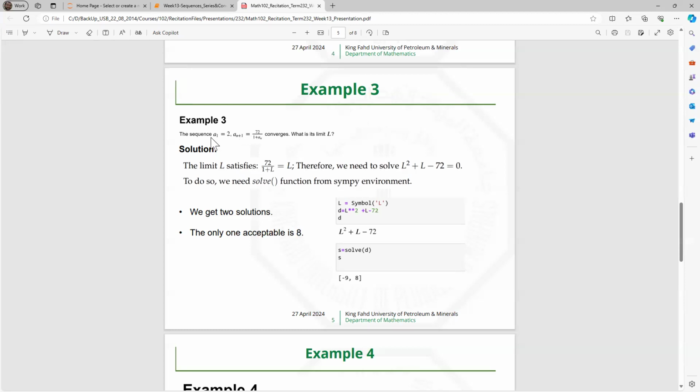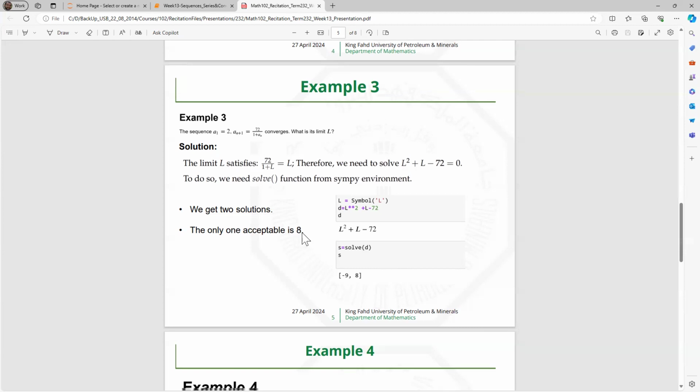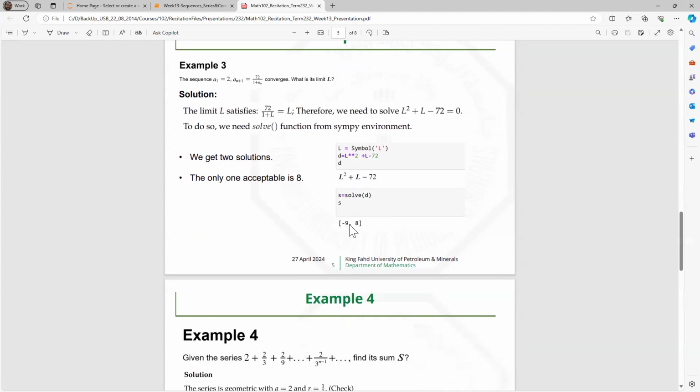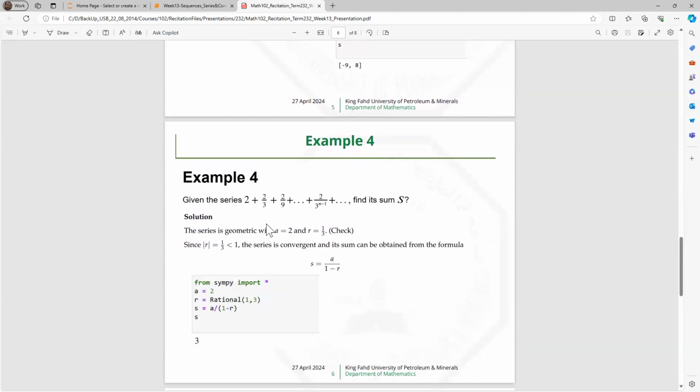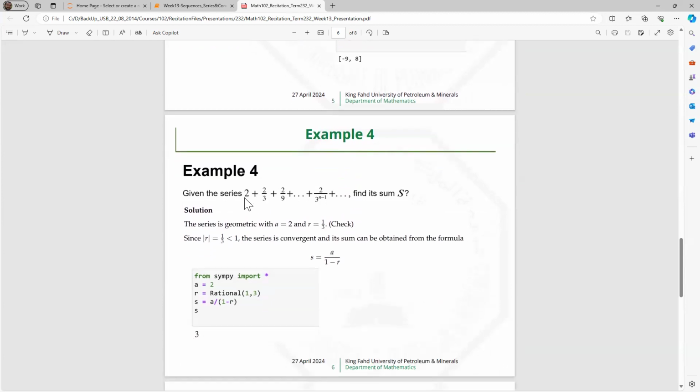It seems that the sequence can only take positive terms, so we'll only accept 8. Okay, that closes the debate on whether or not minus 9 could be accepted because of the initial term, which is a_1 equal to 2.